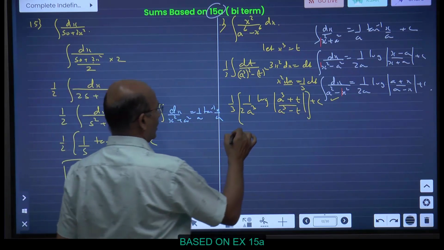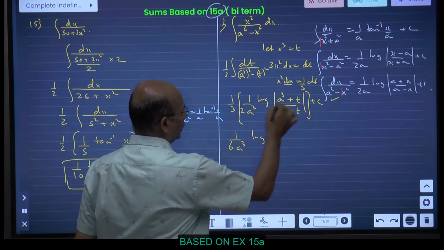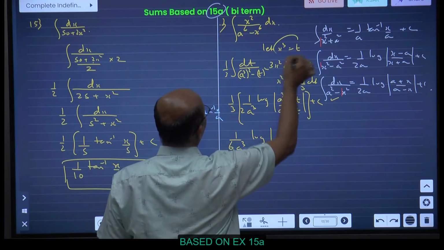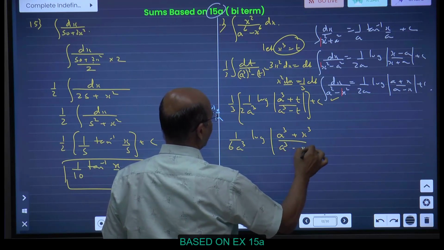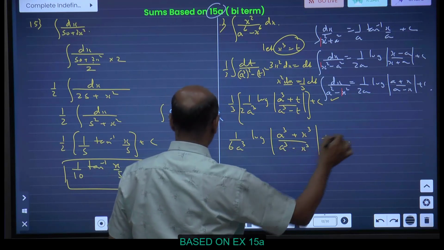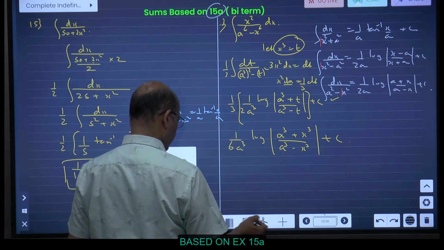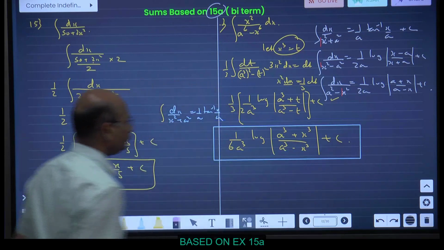So what will happen now? This will become 1 upon 6a cube log of a cube plus t, t is nothing but x cube, upon a cube minus x cube plus c. So this is the final answer on this particular sum.